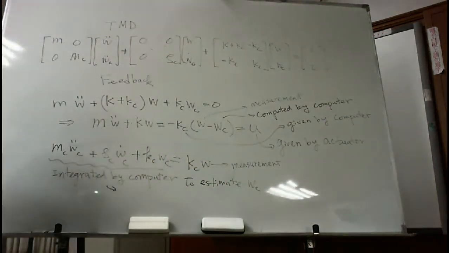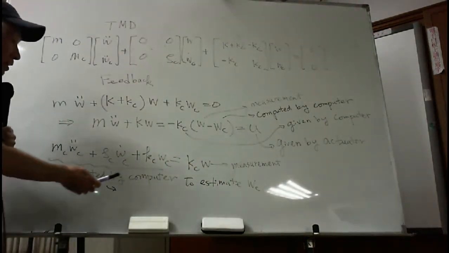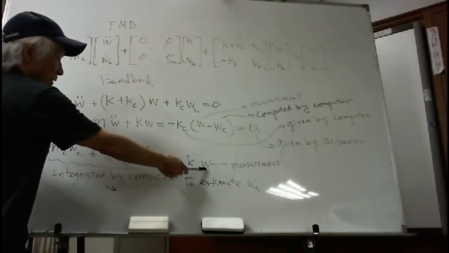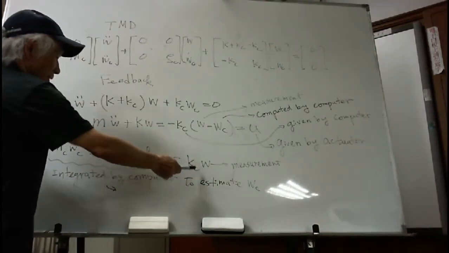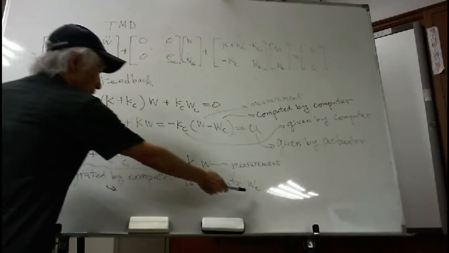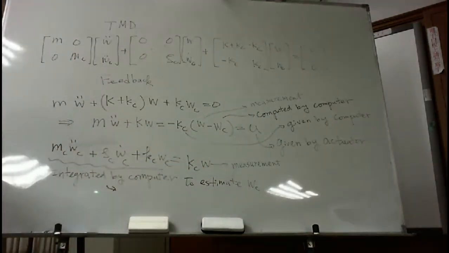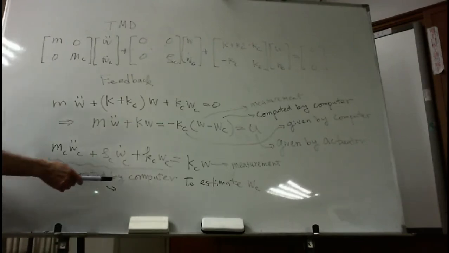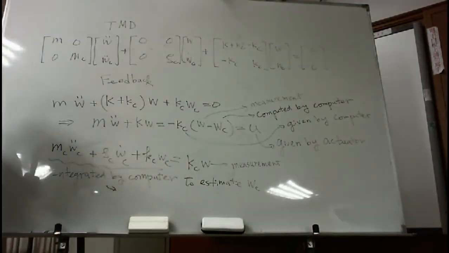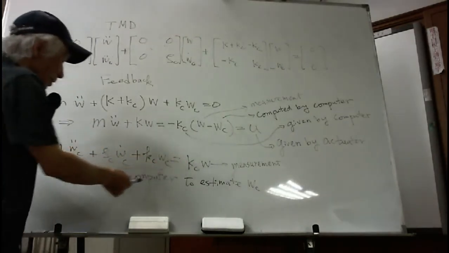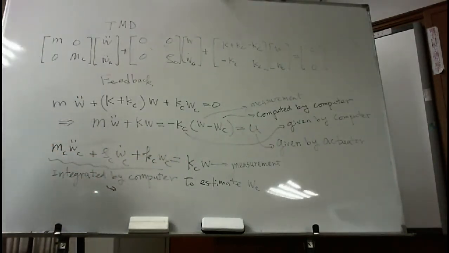Right? Whenever you get a measurement, give it to the computer, it integrates this, and then will give you WC. When any new measurement comes in, integrate. Any new measurement comes in, integrate. All right? Any questions?